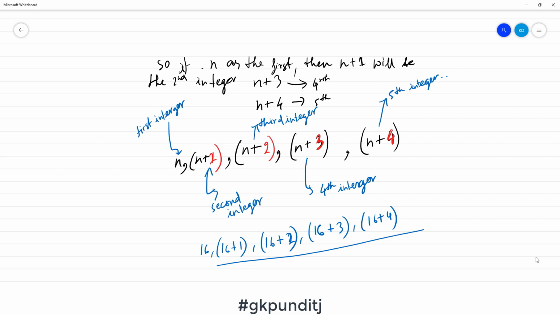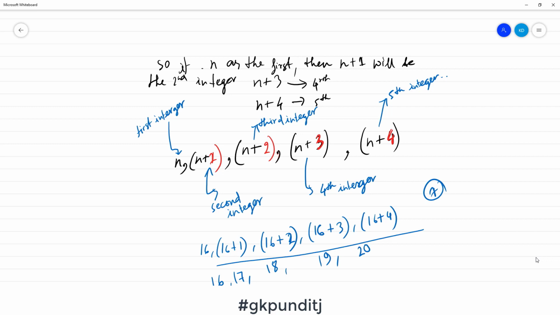When dealing with consecutive integers, notice that the difference between the larger and smaller integers is always equal to 1. If we look, this is 16, this is 17, this is 18, this is 19, and this is 20.